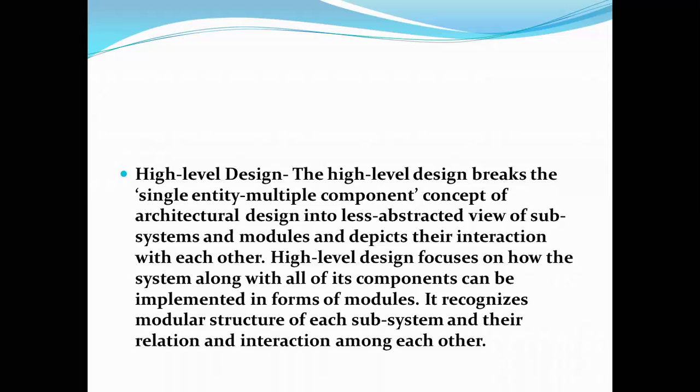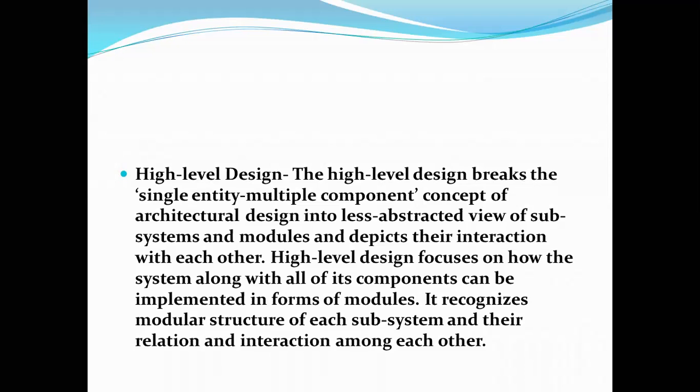Internal details are hidden. But in high level design, the view is less abstracted, showing subsystems and modules and depicting their interaction with each other. What was in the previous one? In architectural design, interactions are totally hidden. You cannot see the interaction between the subsystems and modules.